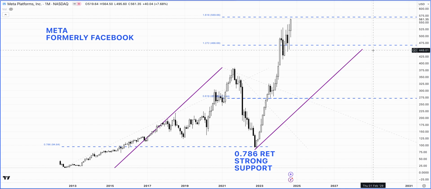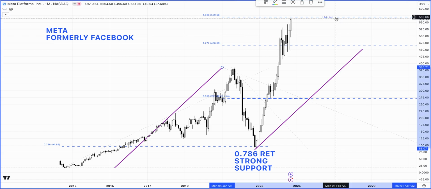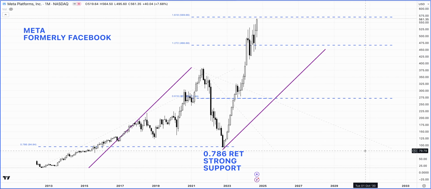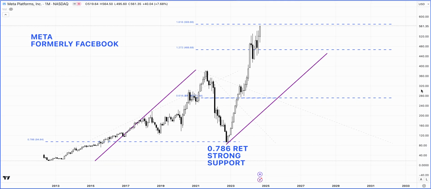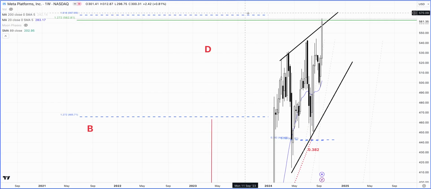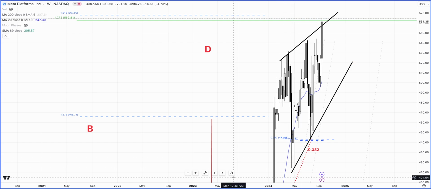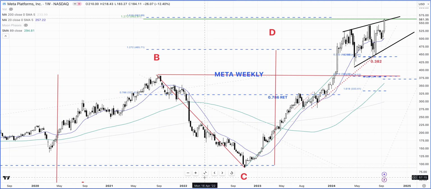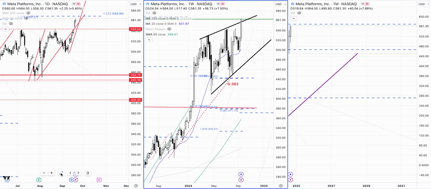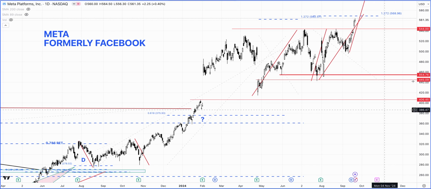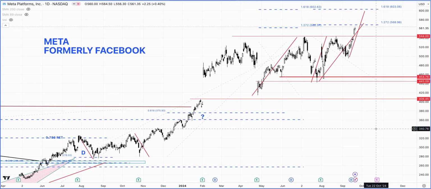It's going for 569, which is this big 1.618 expansion. And then on the weekly chart, we also have some other patterns coming close by as well. So although it had a breakout on the daily chart, looking at the longer term charts, there is possible upcoming resistance coming as well, which is a target for us.